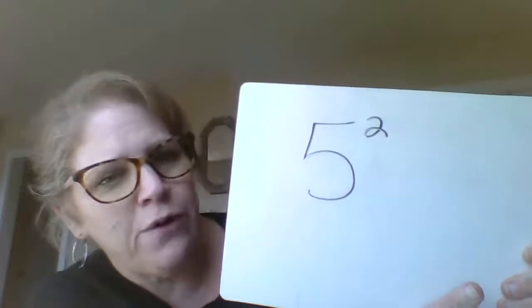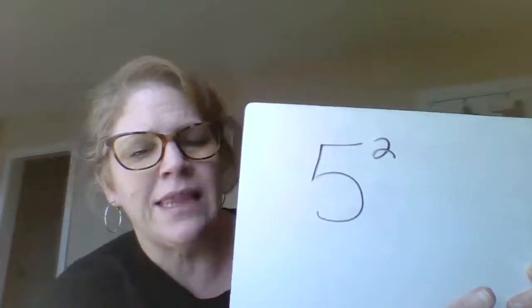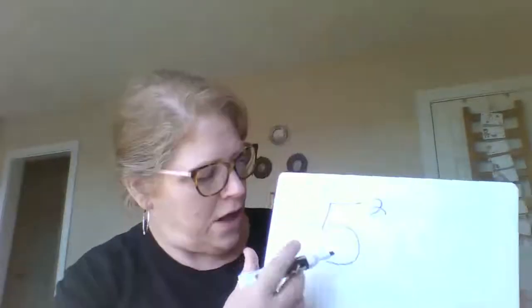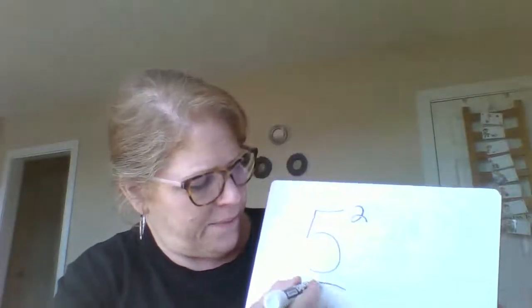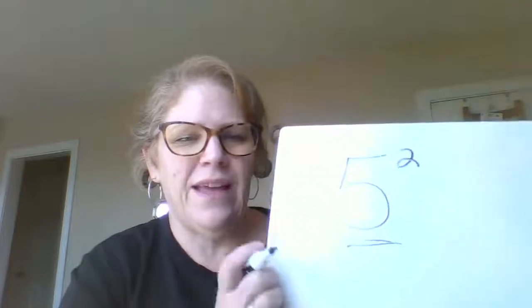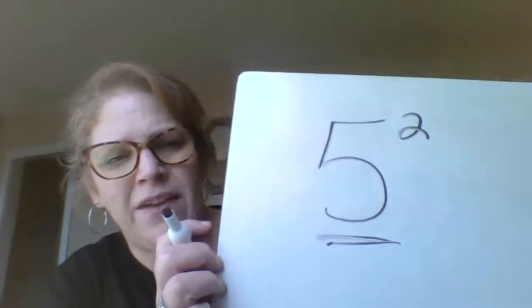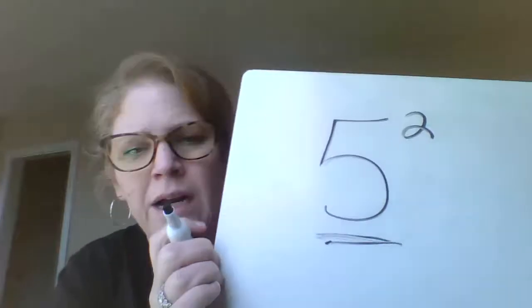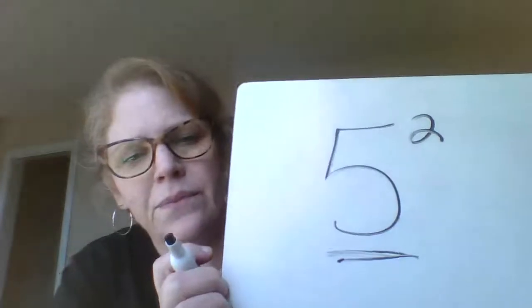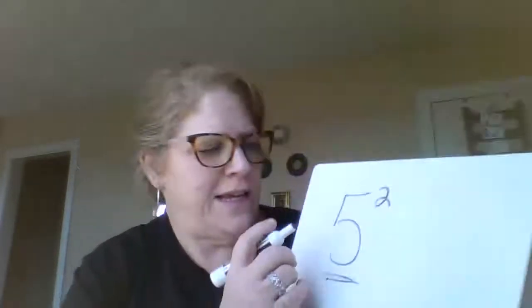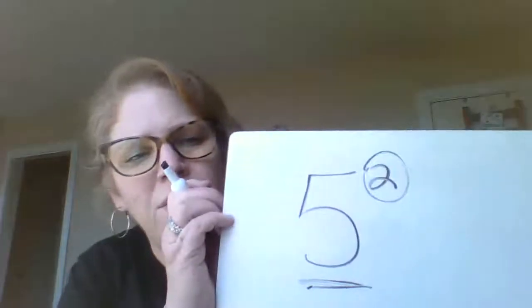But before we get into all of that, I want to label some of these things for you. What are these things called? So this large number here, 5, is called the base. Okay, 5 is the base. And if you look at your notes, it tells you that. This small number here is called the exponent.